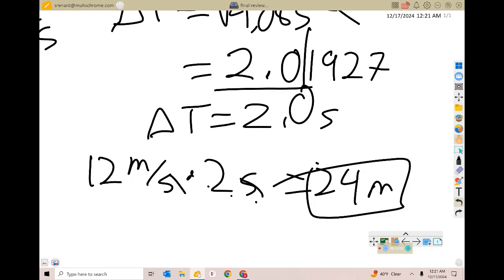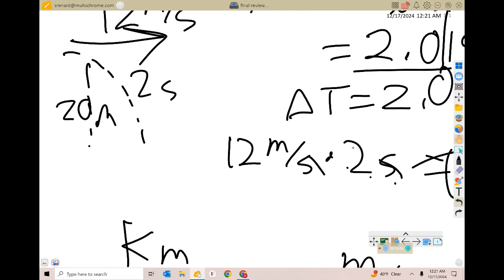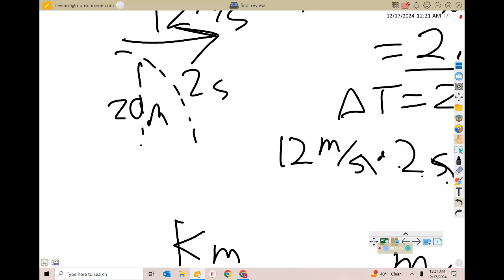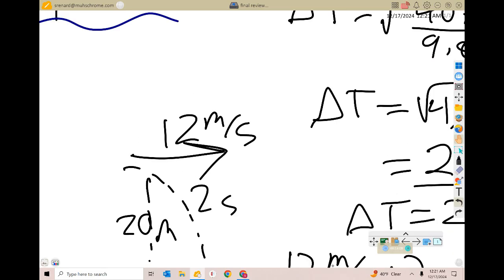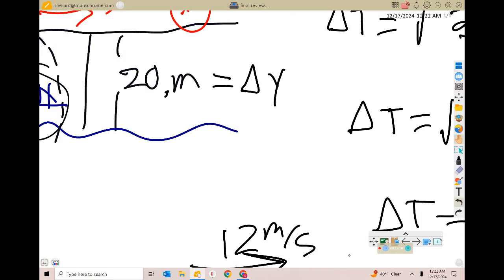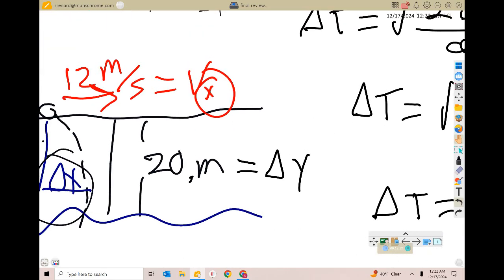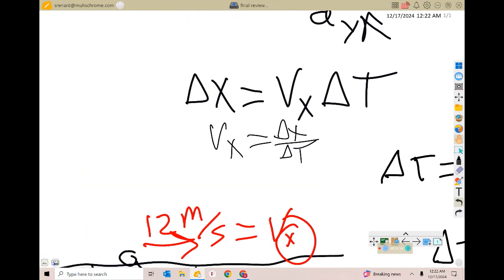Then what we need to do is find out how far it went horizontally. That's where we go back to that other equation that we had, which is that v sub x equals, let me try and find it. This one right here, delta x equals v sub x times delta t.